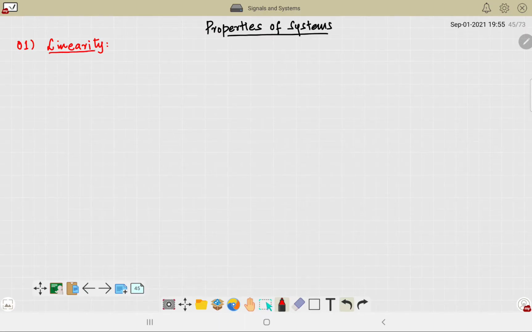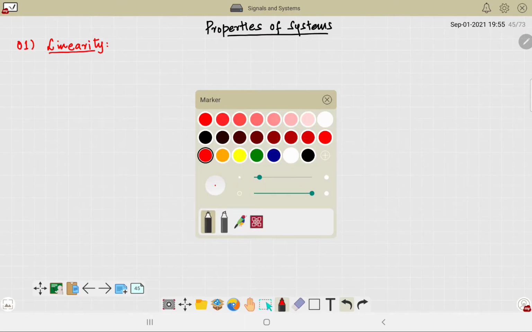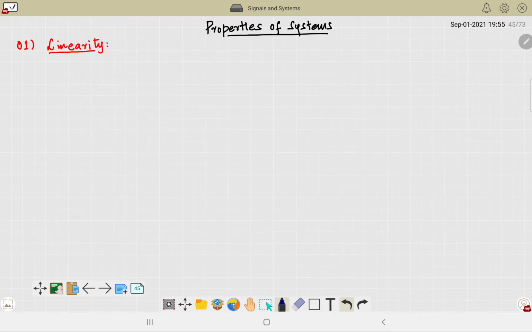So, a system which is linear is a one. So let me just write it there. A system is said to be linear if it follows a superposition principle. Fine.